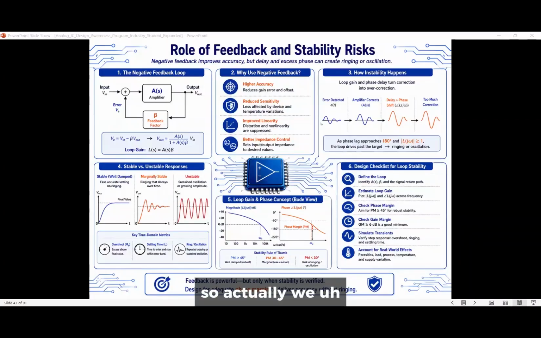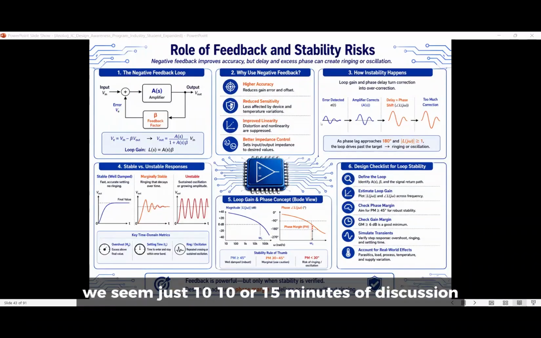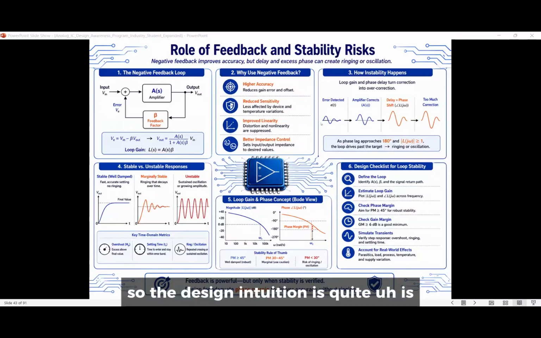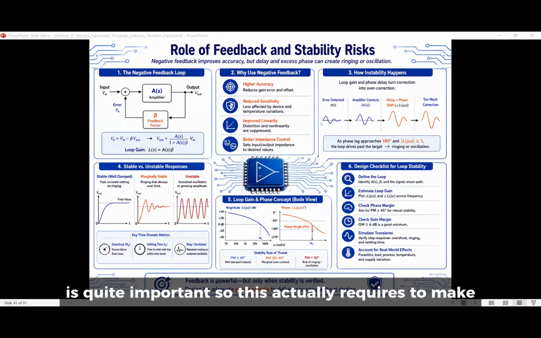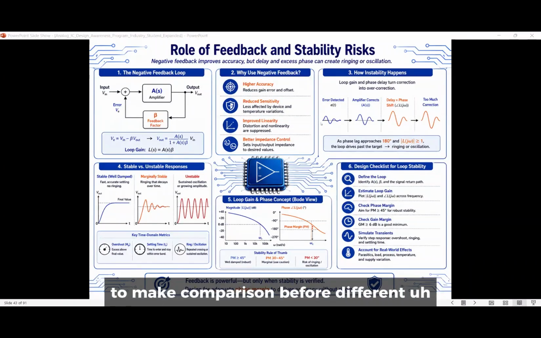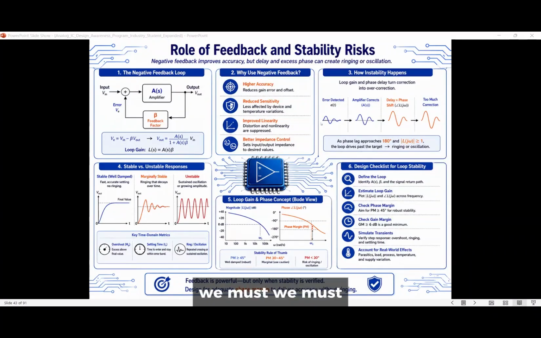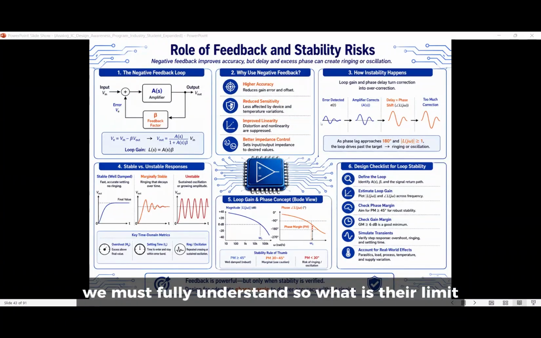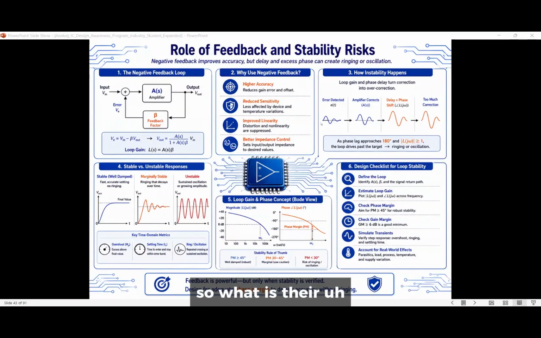Our target is to maximize the chance within just 10 or 15 minutes of discussion. So design intuition is quite important. This requires us to make comparisons between different circuit topologies. We must fully understand their limits and their respective pros and cons.